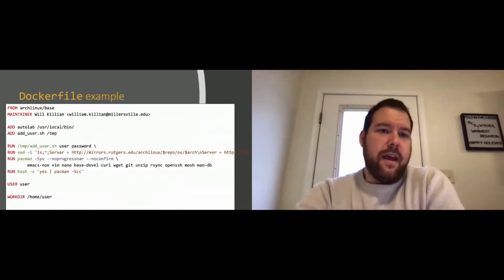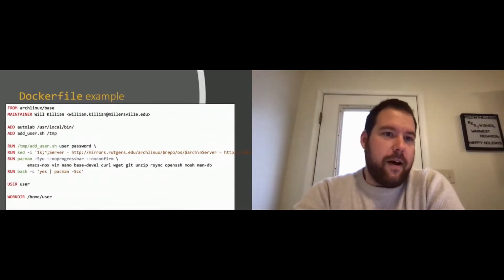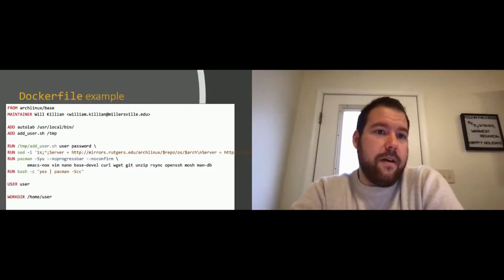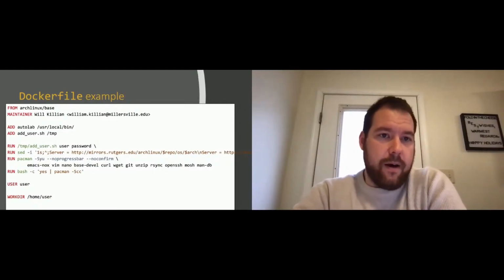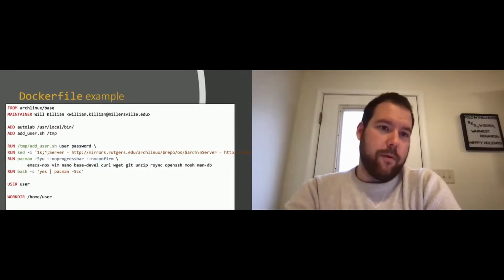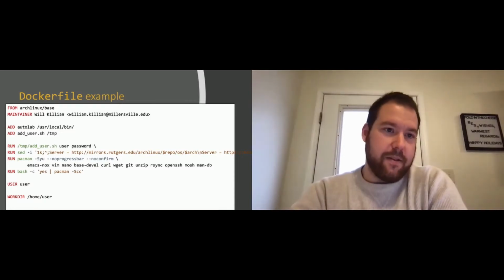So this is a streamlined implementation of a Docker file that the computer science department uses. So at the top, we'll have the base image. So Arch Linux does have a base image, so I don't have to worry about manually configuring a base Arch Linux installation.